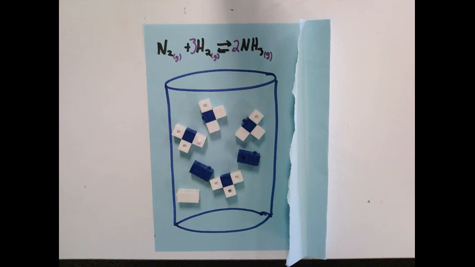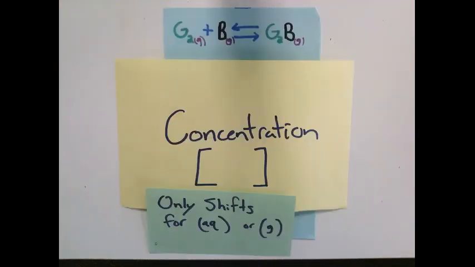As we begin to talk about concentration and how it affects equilibrium, we're going to shift to another reaction. Our first example is going to involve concentration. To start, concentration will only shift if we're changing an aqueous or gaseous species in a chemical reaction. In the chemical reaction we'll be using, we have 3 different species, but they are all gases.